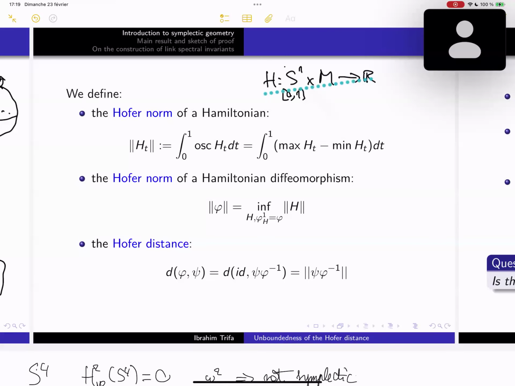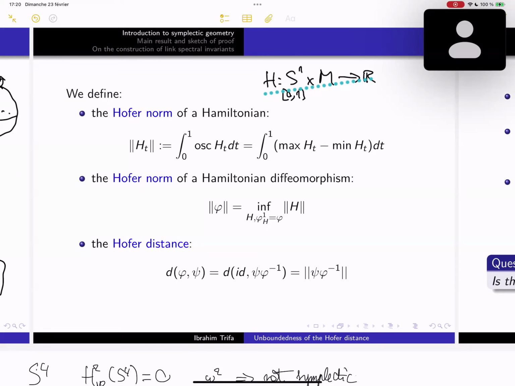Here I'm just asking them to be periodic, but it's not a really important condition in what follows. So the norm of H is the integral of the oscillation of H over time. And the oscillation is defined as the max minus the minimum of H.